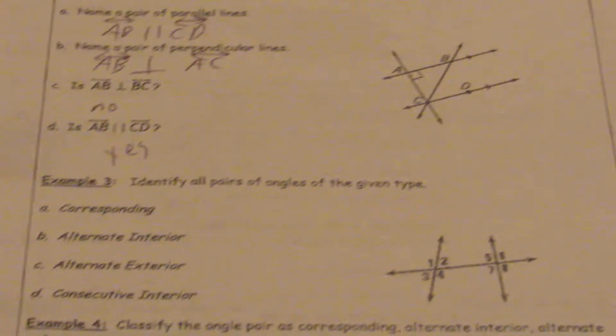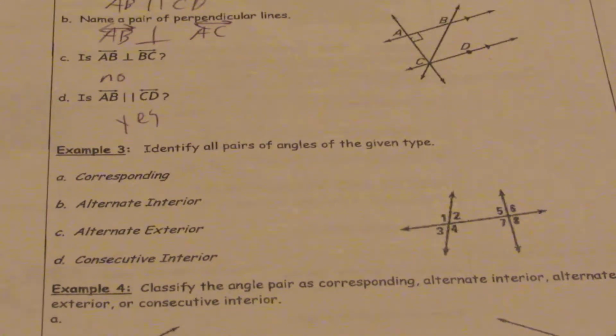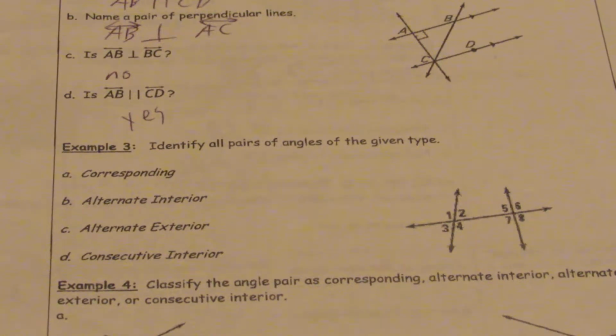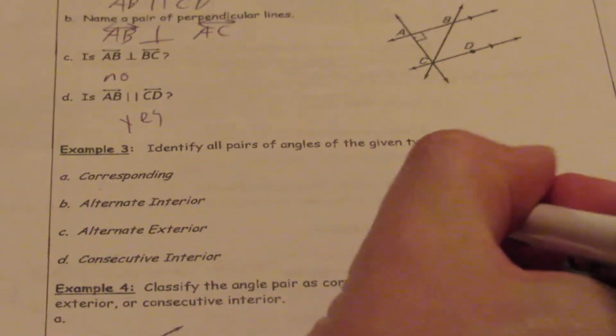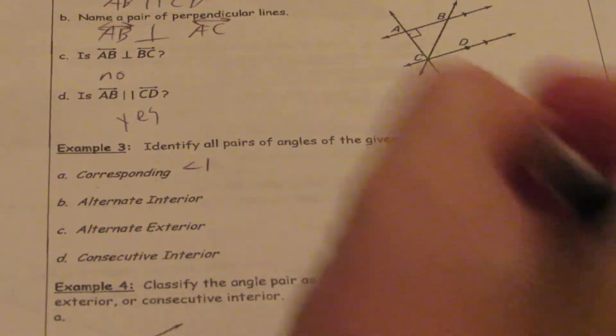Then example 3 asks us to identify all pairs of the given angles. So corresponding, okay. If I start looking at angles, angle 1, what's that match up with? That matches up with 5.